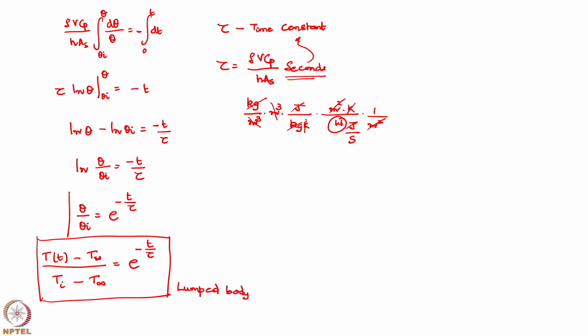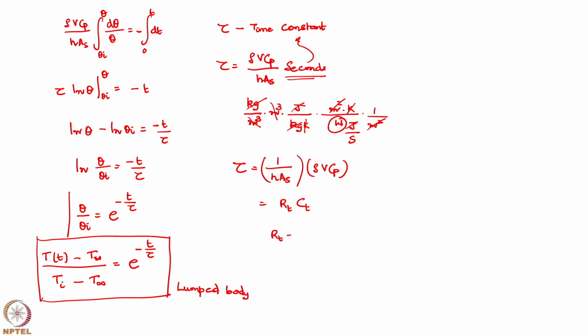Another way of looking at tau is tau equal to 1 by h A s into rho V Cp. So 1 by h A s can be thought of as thermal resistance, and rho V Cp can be thought of as thermal capacitance.